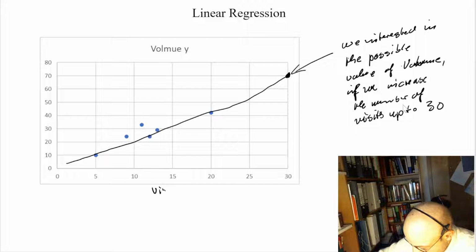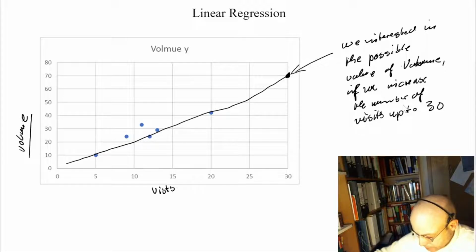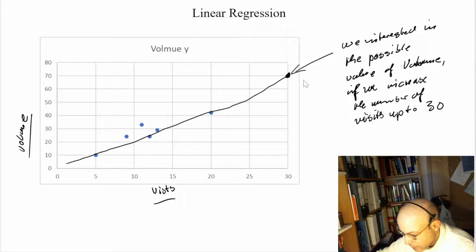So this is visits, and this would be volume. And again, of course, we are interested in how to fit in a good manner this line, which should represent again the dependence, that the higher the visits, the higher the volume.